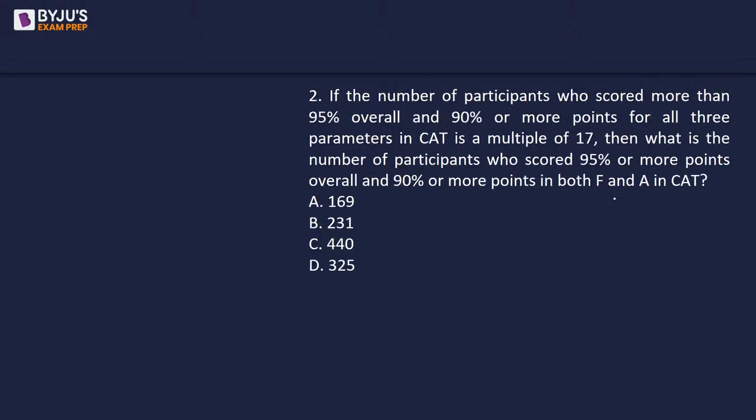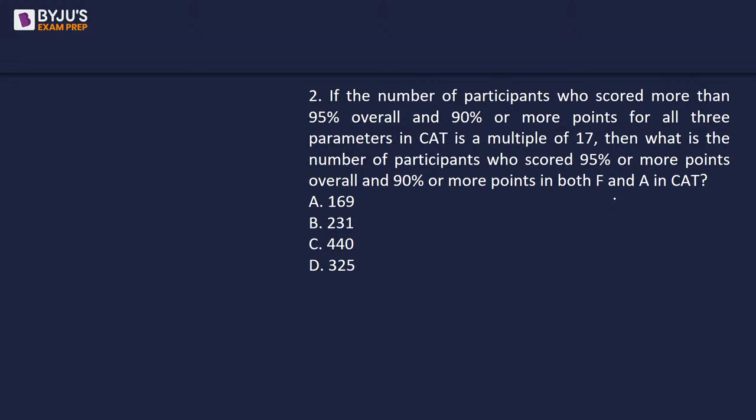Okay. Next, if the number of participants who scored more than 95% overall and 90% or more points for all the three parameters in CAT is a multiple of 17, then which is the number of participants who scored 95% or more points overall and 90% or more points in both F and A in CAT? Right.